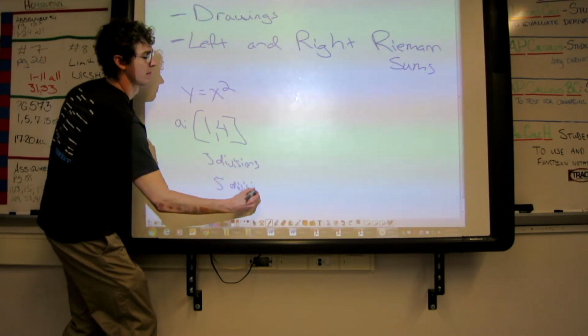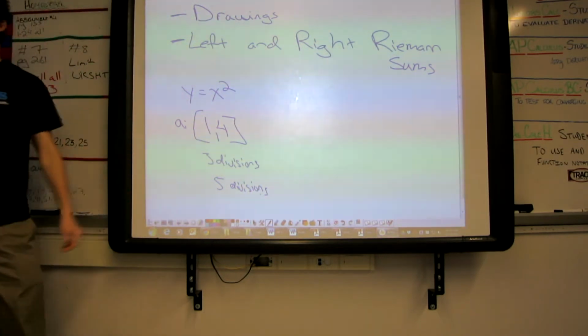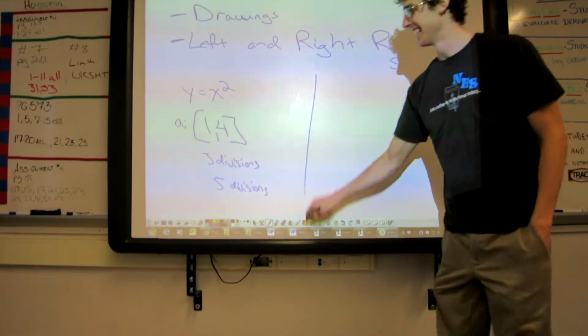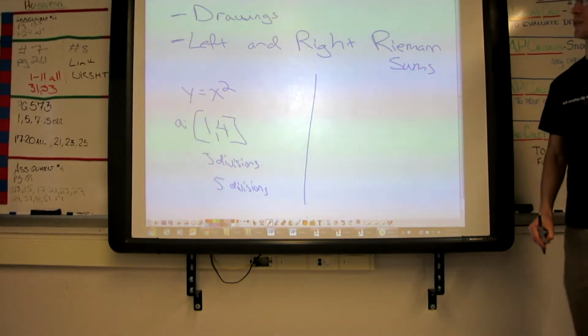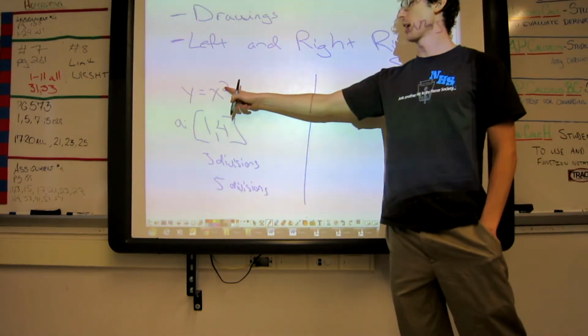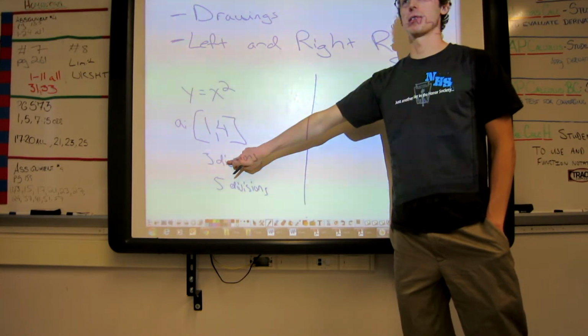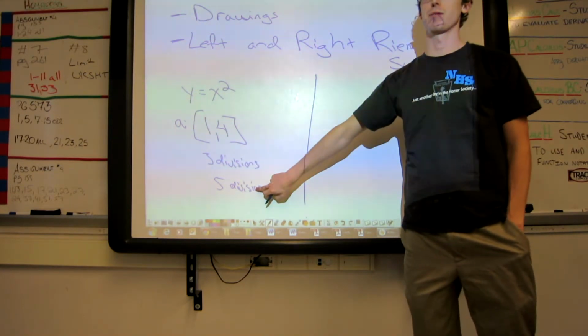So the left and right with 3 divisions and then left and right with 5 divisions. Four problems in one. Y equals x squared, over the interval 1 to 4, left and right Riemann sum with 3 divisions, left and right Riemann sum with 5 divisions.